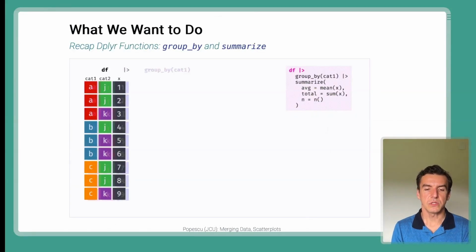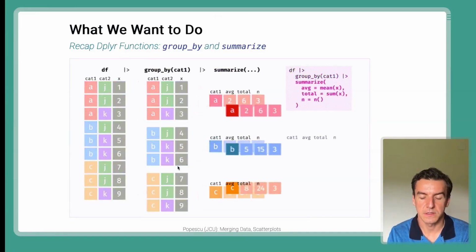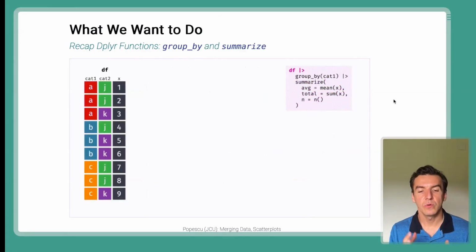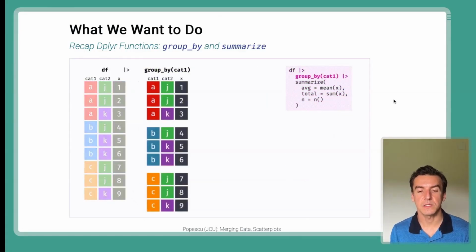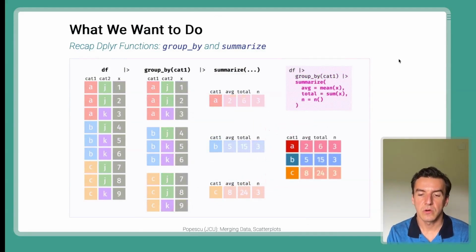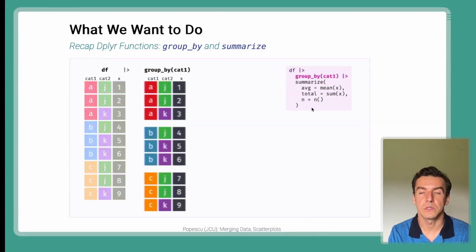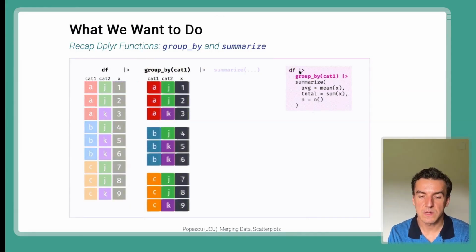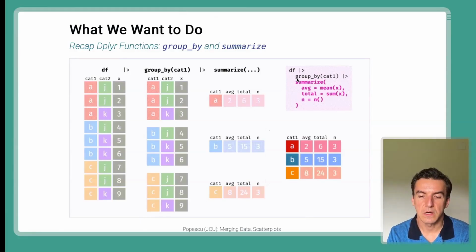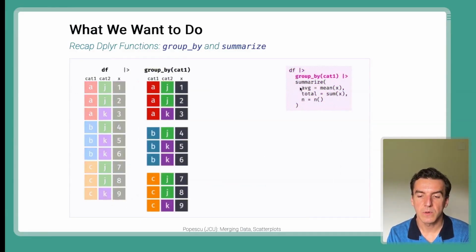Okay, so just to illustrate what group by and then summarize does, this is just a simple GIF file to illustrate how group by and summarize work together within the dplyr context. Imagine that this is the code that we're dealing with. This is a simple pipe operator, the modern one. We see that we have group by, we have category 1, and then we have summarize.